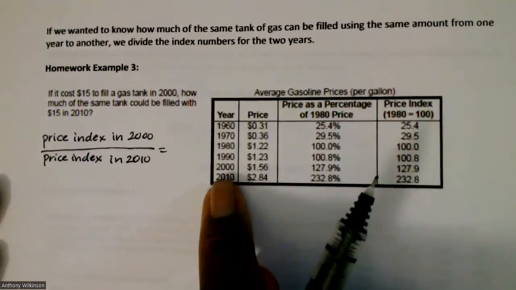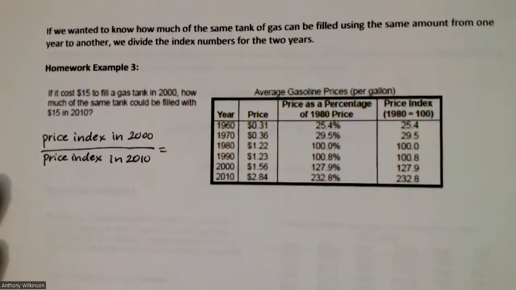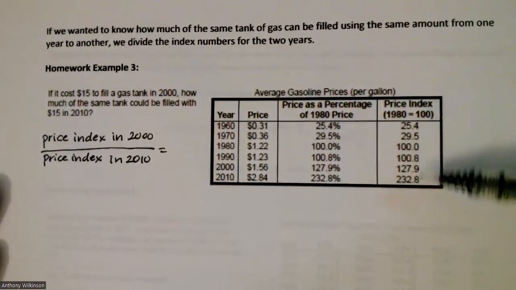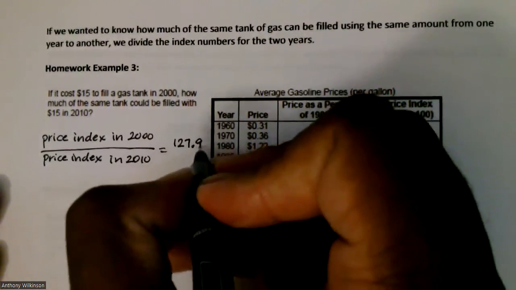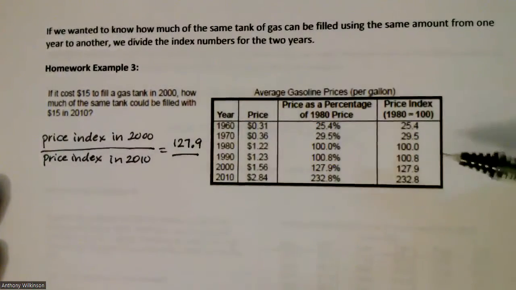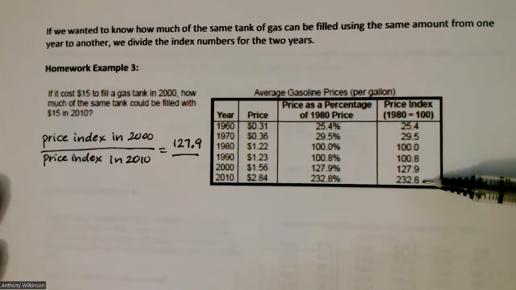So in 2000, we look at the price index, which is this last column here. So in 2000, that price index was 127.9. That's going to be divided by the price index in 2010. Here is 232.8.